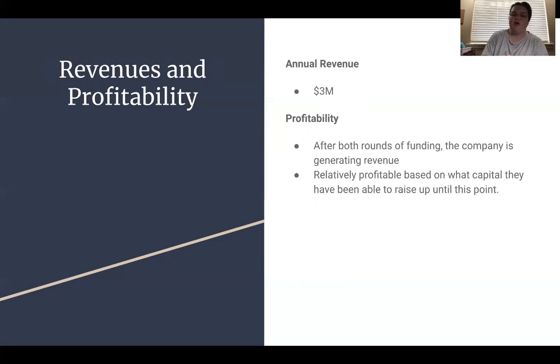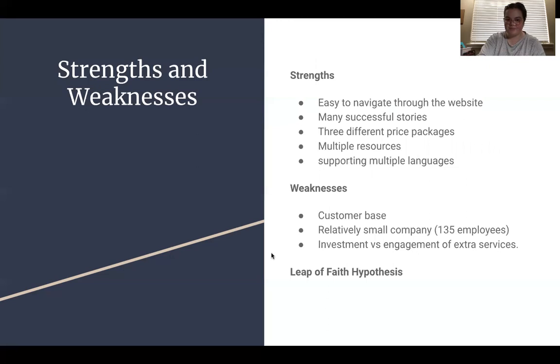So we're assuming that they're relatively profitable based on that capital that they have been able to raise up until this point, and the fact that they were generating revenue after both of those rounds of funding. But like we said, it is slightly hard to come up with an exact number because of their private status.